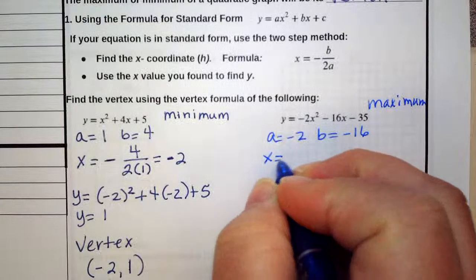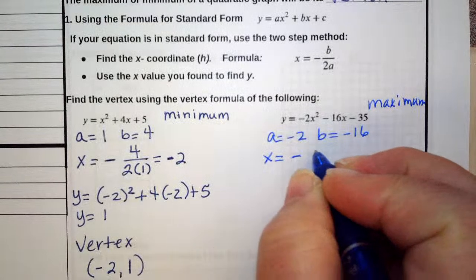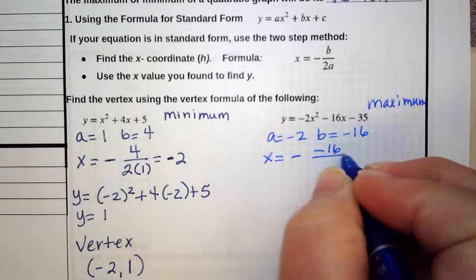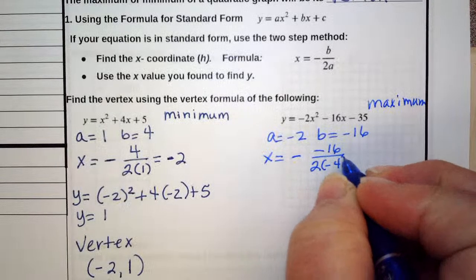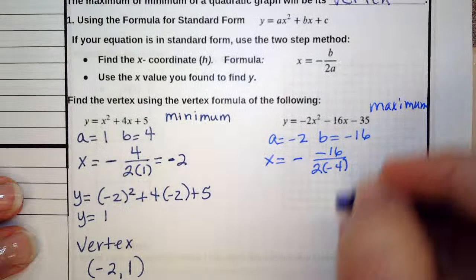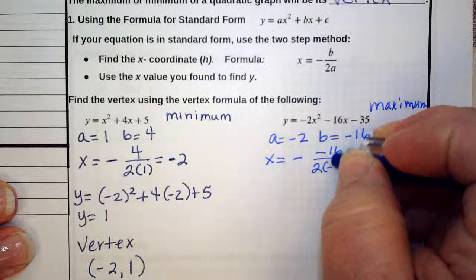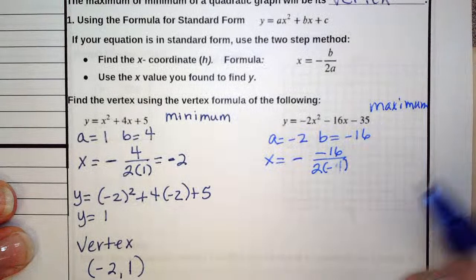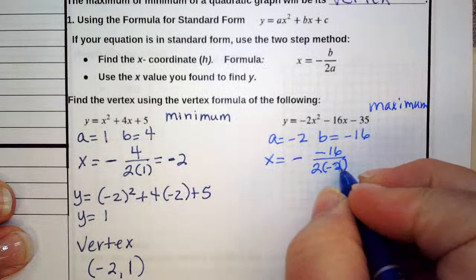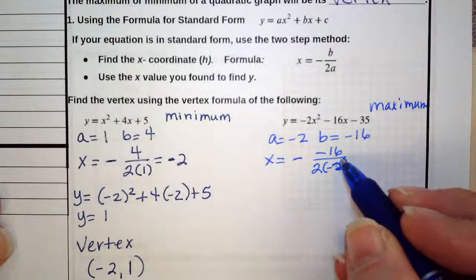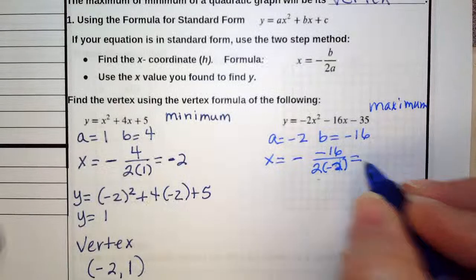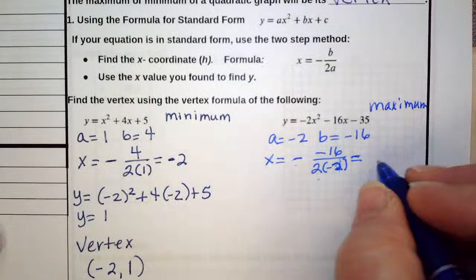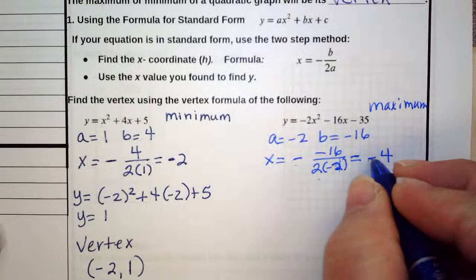My x will be equal to the opposite of negative 16 divided by 2 times negative 4, or negative 2. Jumped ahead to the answer there. 2 times negative 2 is negative 4. Negative 16 divided by negative 4 is positive 4. The opposite of positive 4 is negative 4.